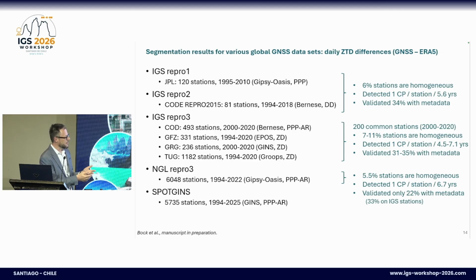Another reason is that they mainly use metadata from RINEX files, so they may have some extra jumps that don't coincide with real equipment changes. And the third one is that they also do some concatenation of stations, because this is not a problem for their own applications, which also introduces some extra jumps, as I showed in the first example.